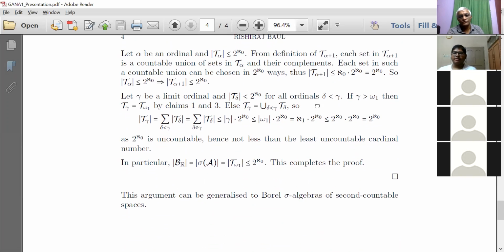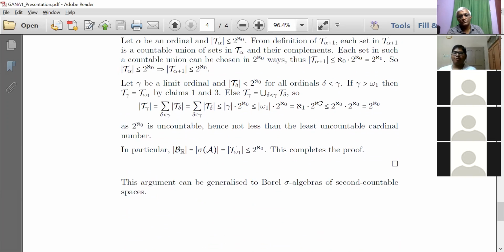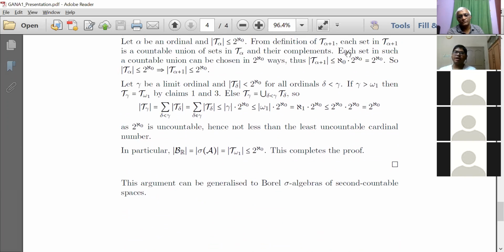We see that T of alpha plus 1 is just the countable union of sets in T of alpha and their complements. So in particular, we are picking twice aleph naught number of sets for each element in T of alpha plus 1.